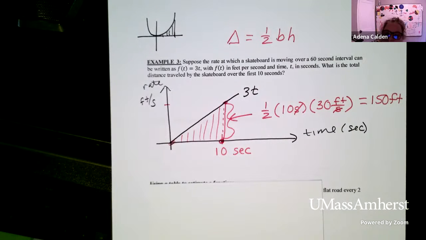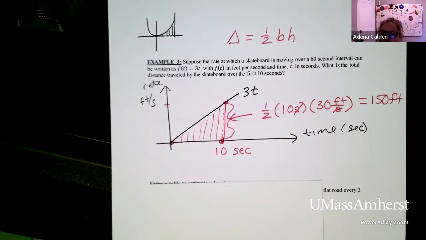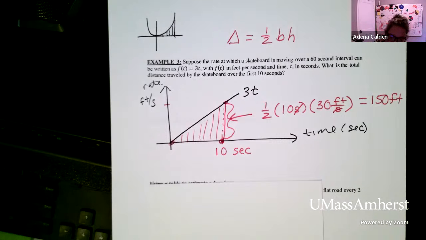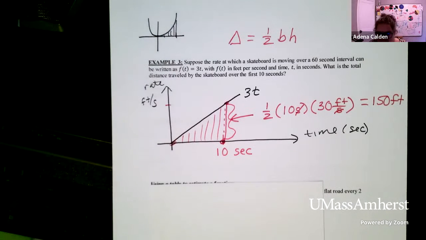We have arcs and things like that, but this is not a geometry class. So we're going to try to figure out how to find that area without doing just a geometrical representation of one particular shape. Instead, we're going to rely on rectangles, which are the easier of the two shapes, to help us understand area under curves.